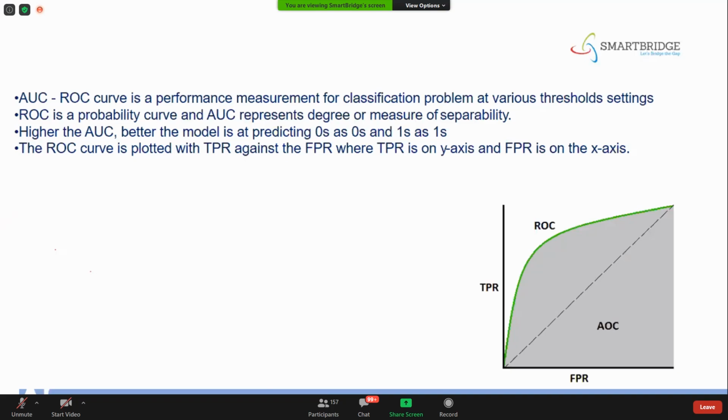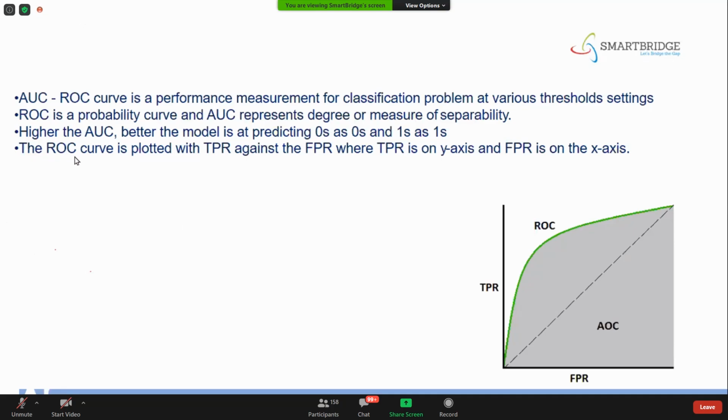So higher the AUC, the better the model is. That means if it is predicting 0 as zeros and 1 as ones, then you will get a higher value. Yesterday I told you, right, whenever AUC is 1, it predicted yeses as yes and no's as no. Do you remember? Whenever it is that, then your AUC will be very high.